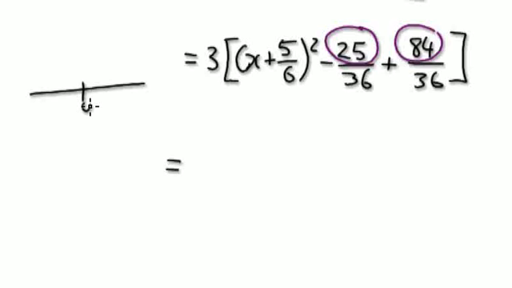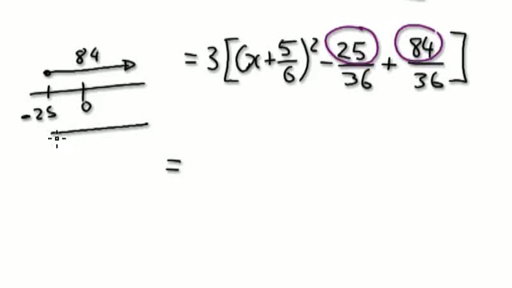If you look at your number line here, you start at minus 25, and then you add 84. Well, I'm just going to get this whole length here, take away this length here. So in effect, I'm just going to do 84 take away 25.